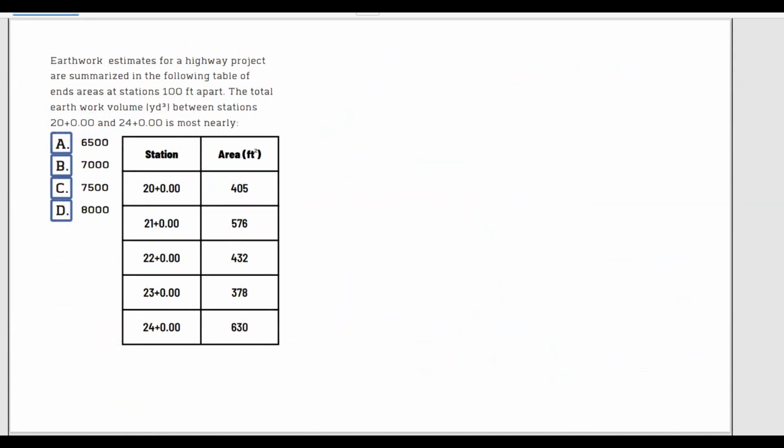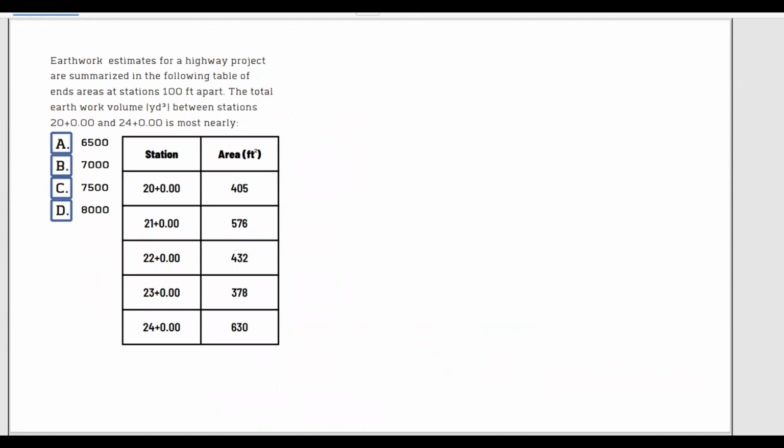Another problem here. Earthwork estimates for a highway project are summarized in the following table of end areas at stations 100 feet apart. The total earthwork volume in yards cubed between stations 20 and 24 is most nearly. Okay, so this is actually an easy problem if you understand what is happening, and I'm going to explain it to you.